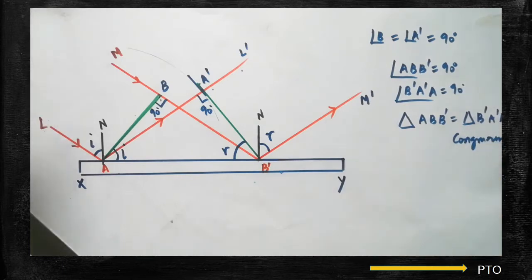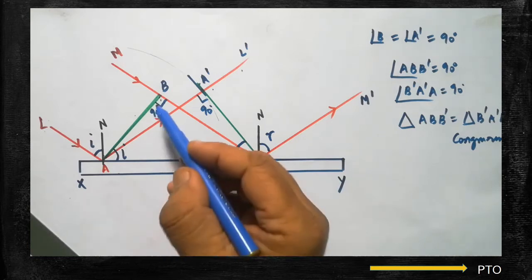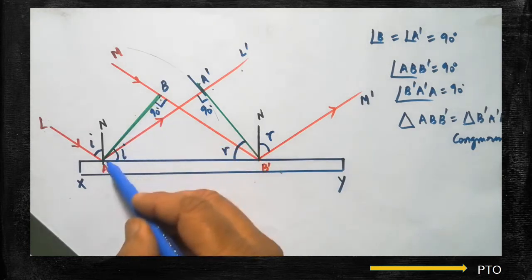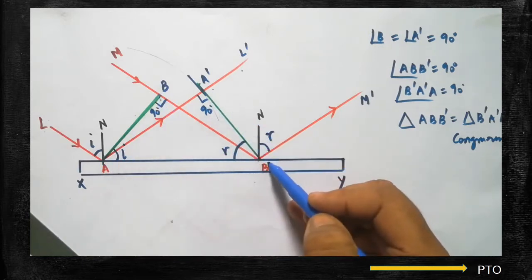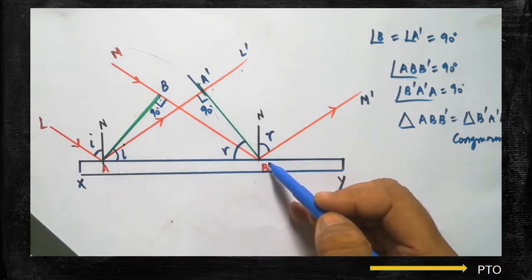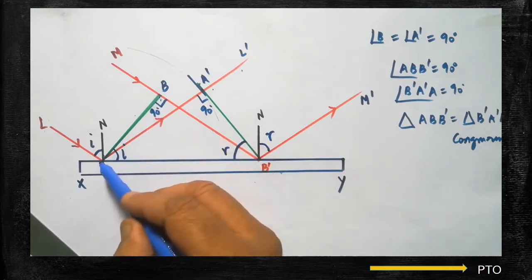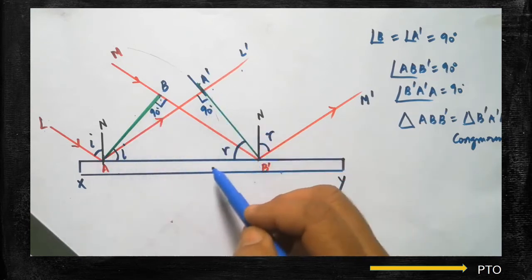Why they are called as congruent? You may have already learnt about all the properties of congruent triangles. What are the properties? This side must be equal to this side. That is AB must be equal to A dash, B dash.